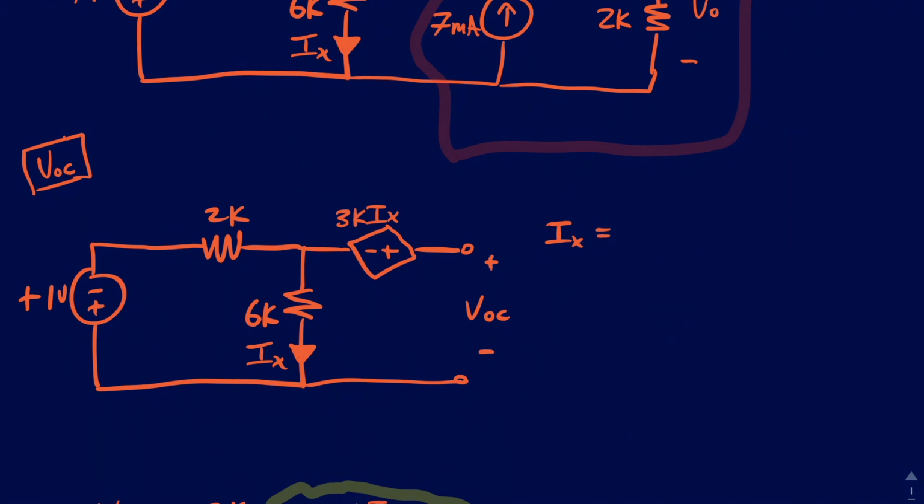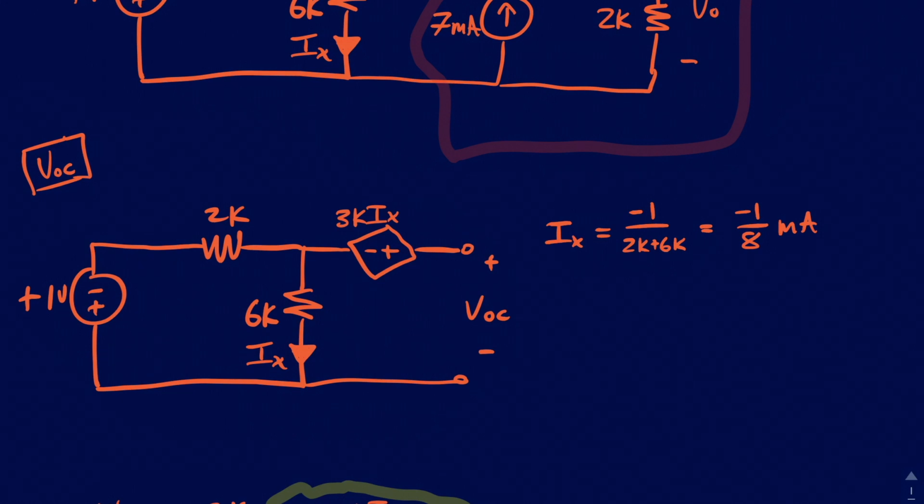Now you can see that the voltage source is pointed downwards in the opposite direction where we assume IX or the current would flow. So we can say IX is going to be that voltage source minus 1 divided by the 2K and the 6K. So then that will just make IX minus 1/8 milliamps.